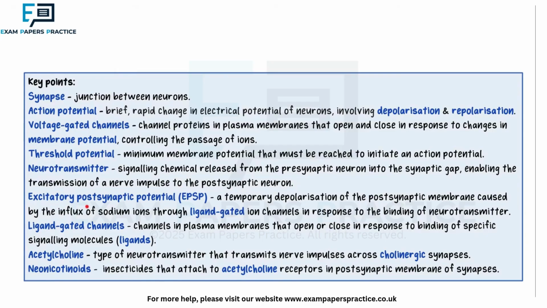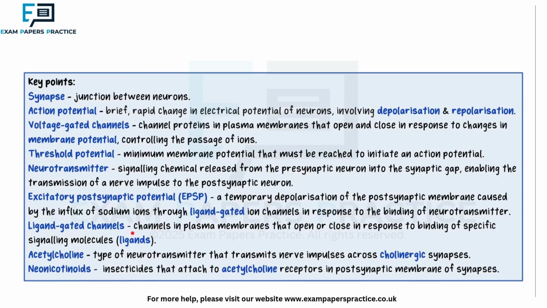The excitatory postsynaptic potential, or EPSP, is a temporary depolarization of the postsynaptic membrane caused by the influx of sodium ions through ligand-gated ion channels in response to the binding of neurotransmitter.